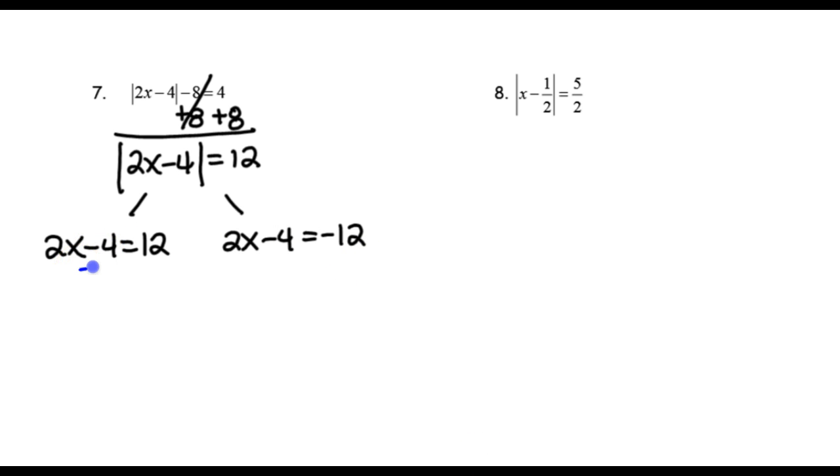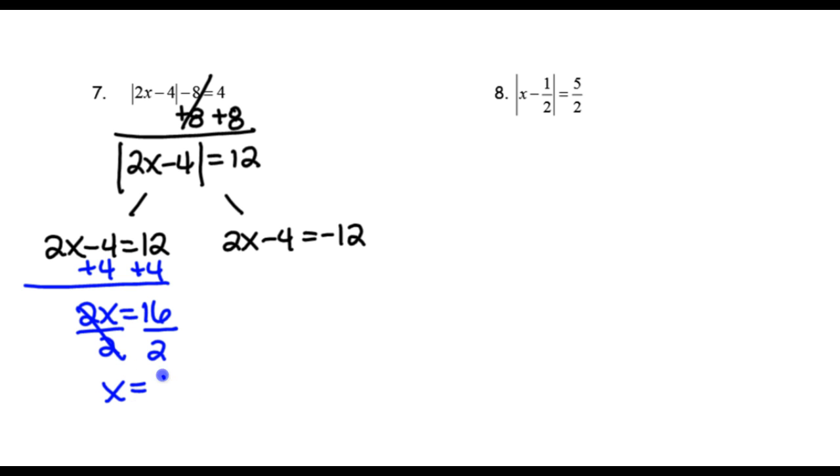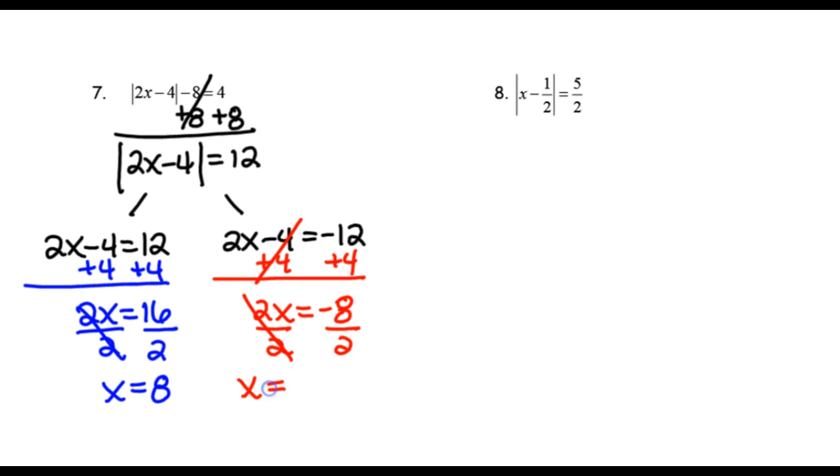Solve the two problems. Add 4, add 4. 2x equals 16. Divide by 2, divide by 2. x equals 8. Go ahead and solve the other equation. Add 4, add 4. 2x equals negative 8. Divide by 2, divide by 2. x equals negative 4. Again, it's one answer or the other.